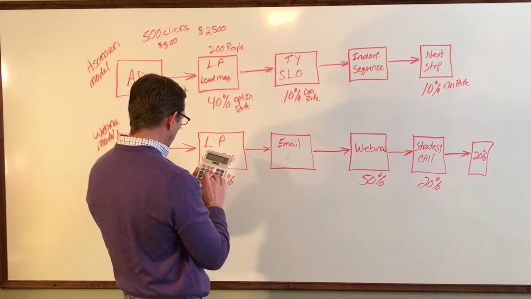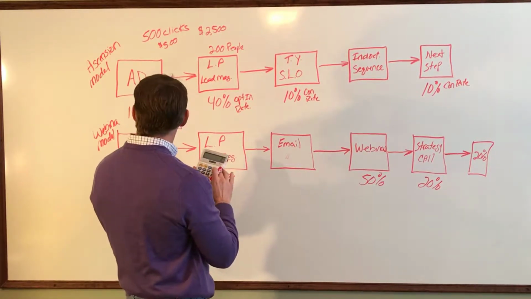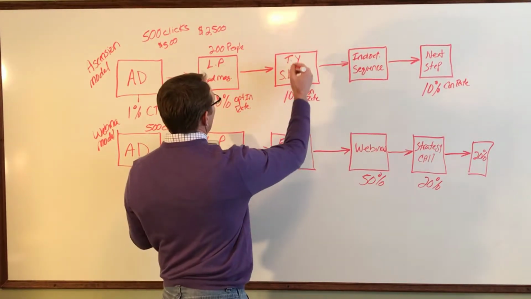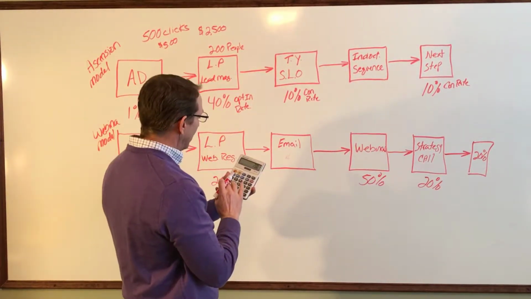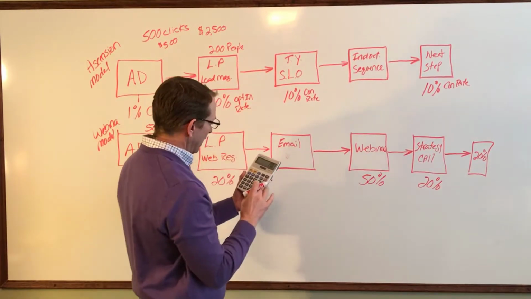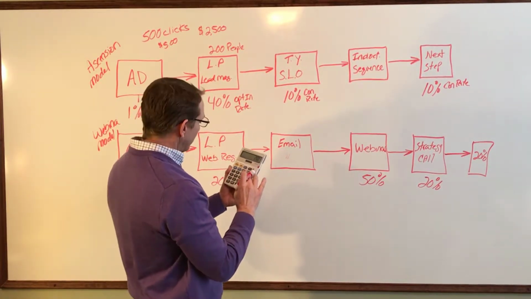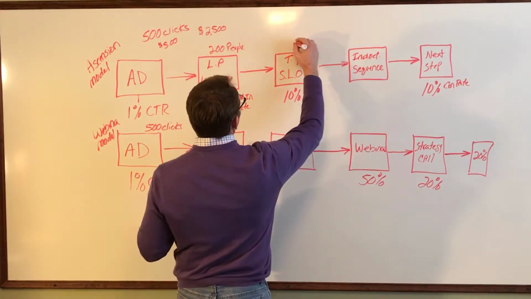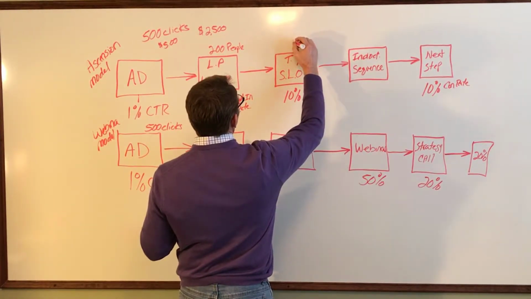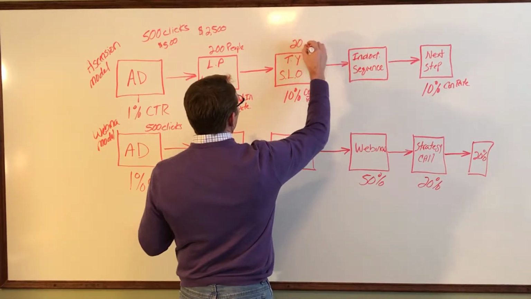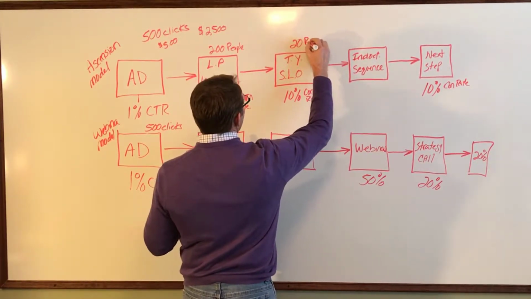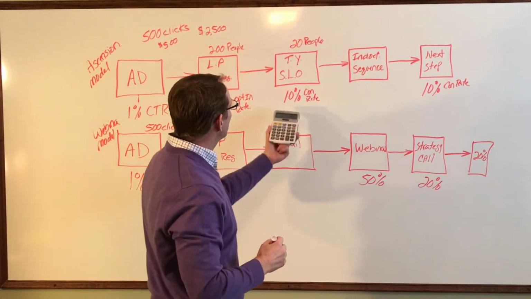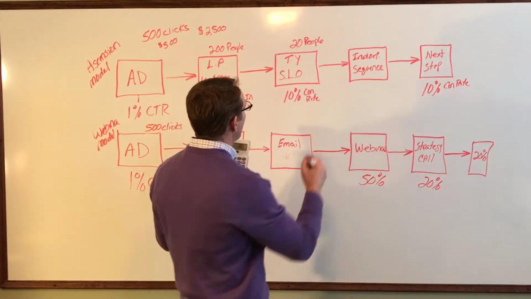Okay, so that means out of the 200 people that hit that landing page, they're going to hit this thank you page. So that's going to give you a 10%, which is 20 people, are going to convert here. Okay, you're going to get 20 people to convert on your self-liquidating offer.